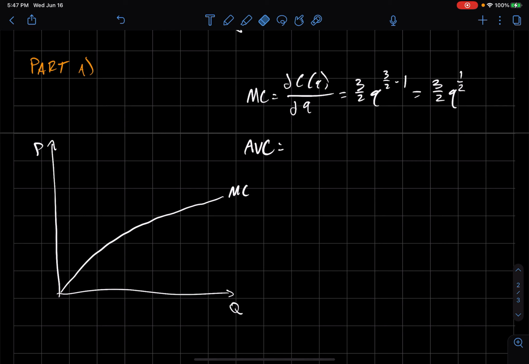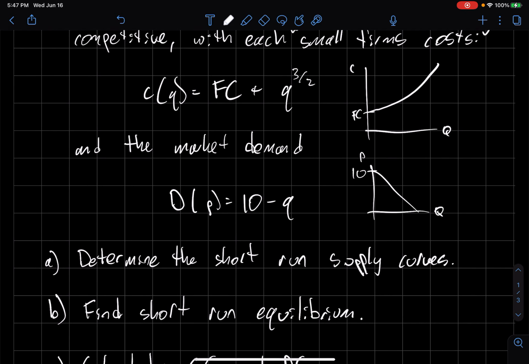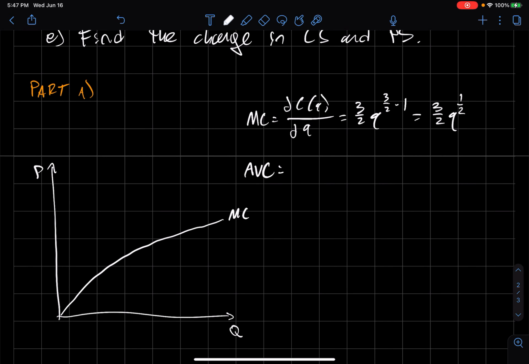So let's calculate average variable cost. So we look at the cost curve, find all of the variable costs, which is everything but the fixed cost. So that's just Q to the 3/2. And then we divide it by Q, which is just Q to the -1. So we have Q to the 3/2 minus 1, so that's just Q to the 1/2.